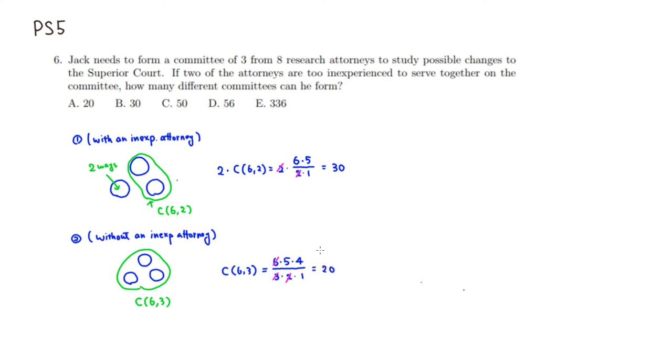So we can have 30 possible committees with an inexperienced attorney, and we can have 20 more committees without them. So the total is going to be 50. Therefore the answer is C. All right, that's it. I hope that this was clear.